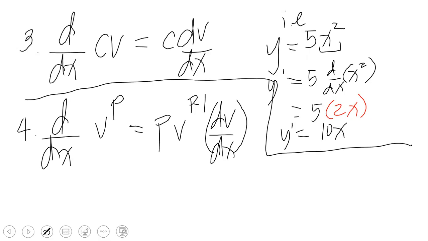Example, y equal to x to the fifth, y prime is 5x to the fourth.